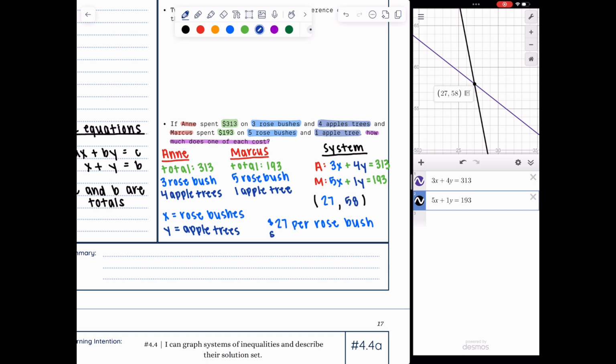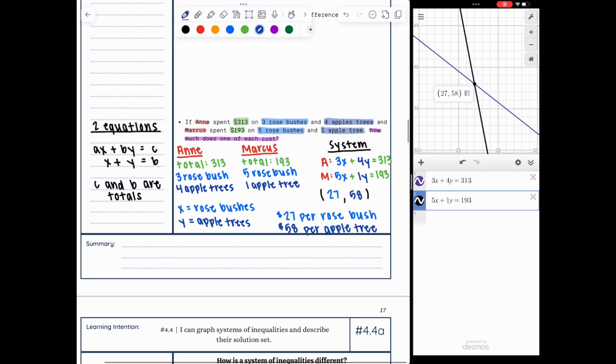The y coordinate of the solution is 58, which means that each apple tree costs $58. And so this is how we take a system of equations and we turn it from a word problem into an actual answer in context, where you know exactly how much each individual item costs, and now you have a solution to that system of equations.